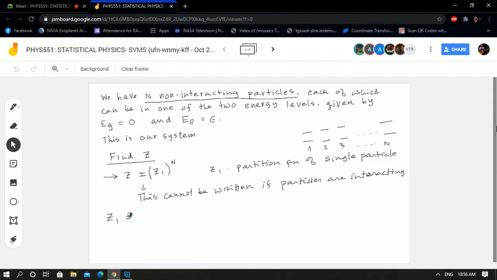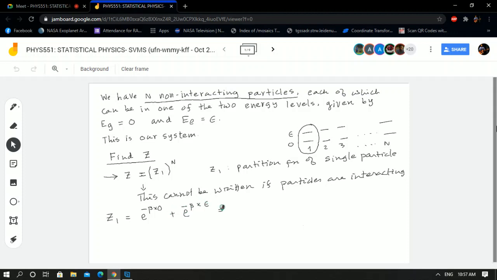Now if you take one particle, like in this case, what are the allowed energies? 0 is one energy, epsilon is another. So what is the partition function? The Boltzmann factors corresponding to every energy. So you have e to the power minus beta times energy 0 plus e to the power minus beta times epsilon.